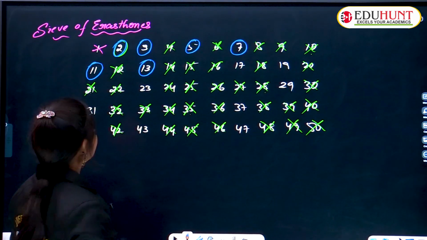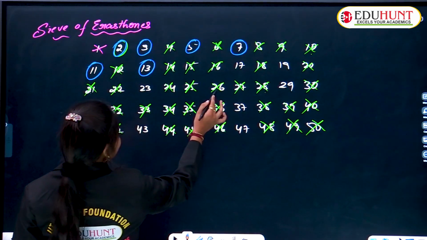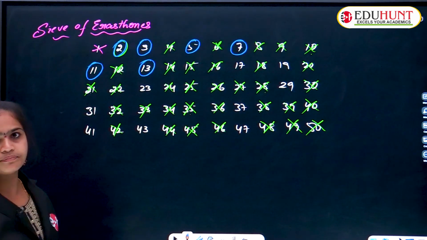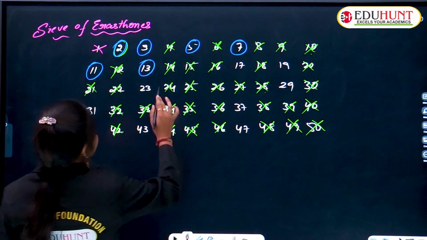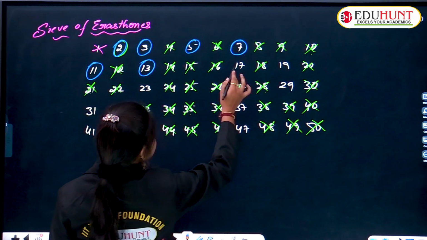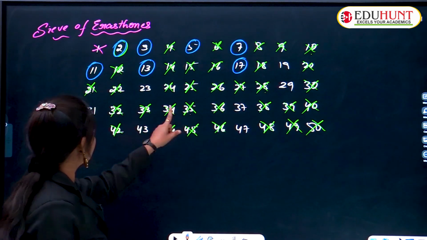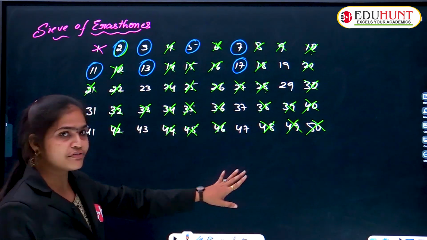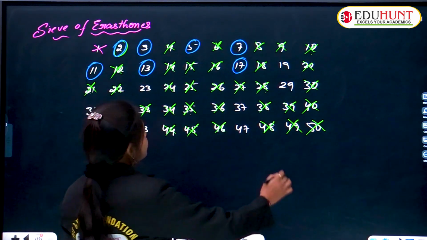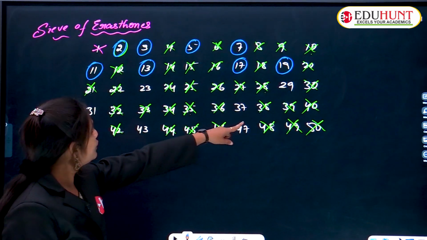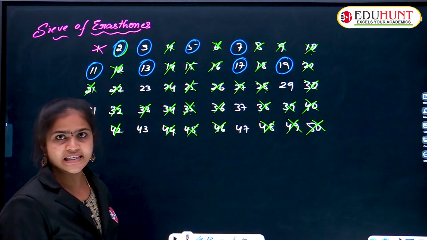Okay, 13 table: 13 1s 13, 13 2s 26, 13 3s 39, 13 4s 52, that is not there. Next 14, 15, 16 completed, 17 is there. 17 table: 17 1s 17, 17 2s 34 completed, 17 3s 51 not there. Next 19 table: 19 1s 19, 19 2s 38, 19 3s 57.